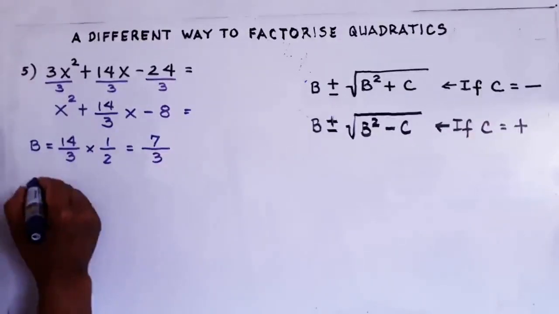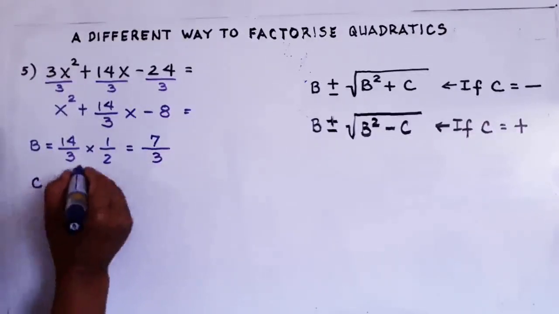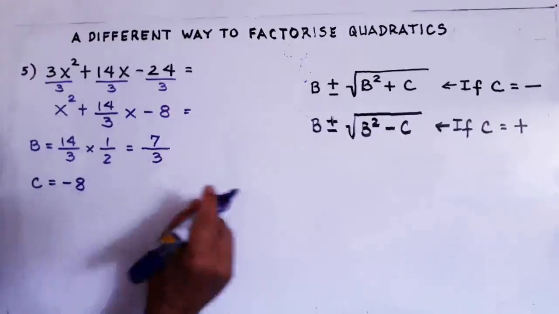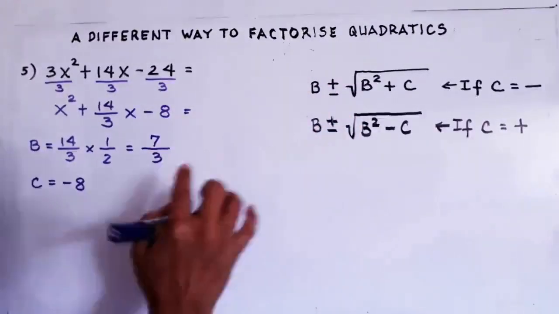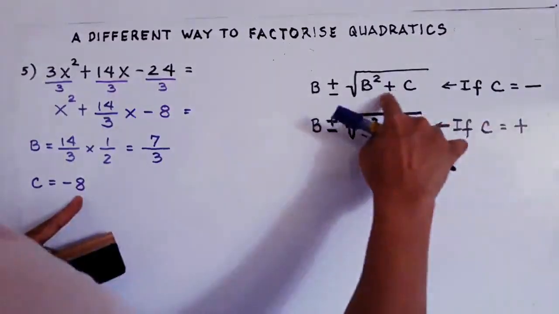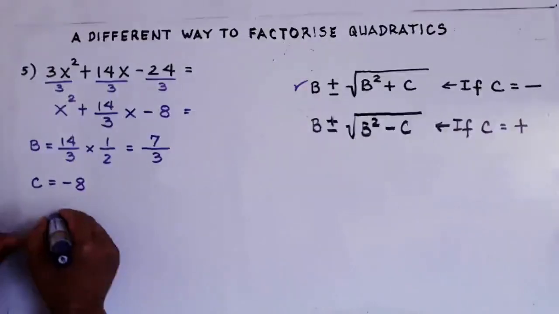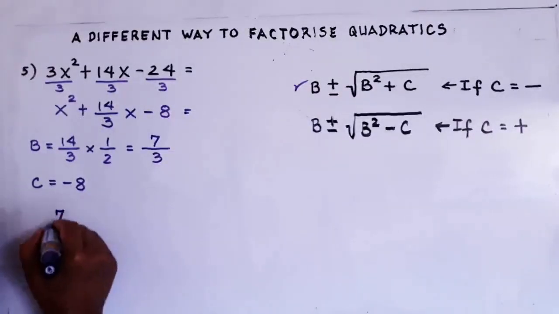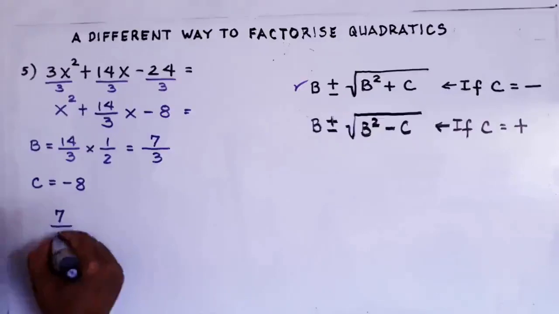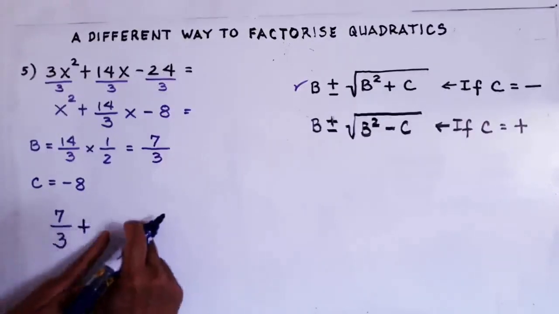What is our C? Our C is negative 8 here. So which formula are we going to use? C is negative, so we are going to use this one. B is 7 over 3, and then let us wait for the value here.